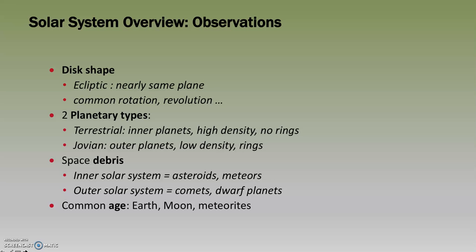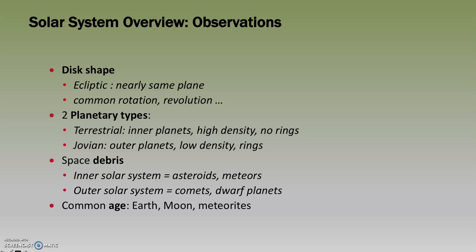And we know that the planets basically have a common rotational pattern of counterclockwise and have a common revolutionary pattern of counterclockwise around the sun as well. Of course, Venus always throws a wrench into that, but we'll come back to that.